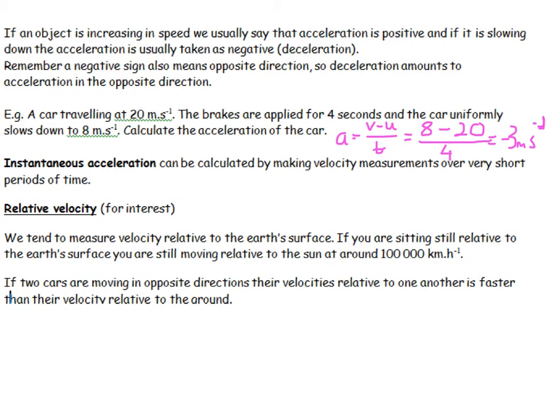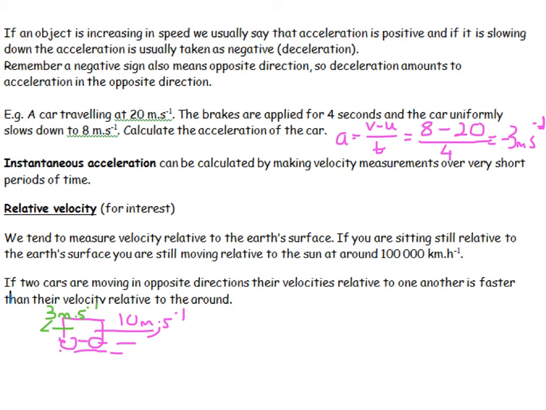So that is always measured relative to something else. Remember that if you are walking on a train, there is a difference between your walking on the train relative to the ground or relative to the train carriage. So let's say I'm walking backwards in this train at 3 meters per second, but the train is moving forwards at 10 meters per second.